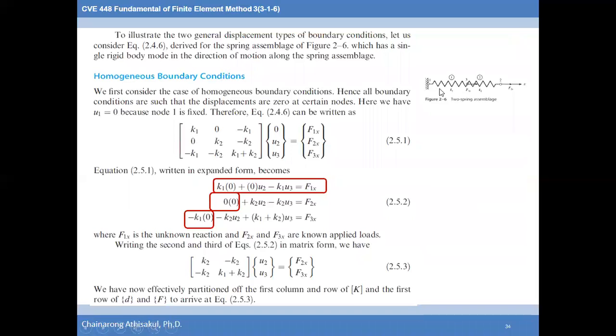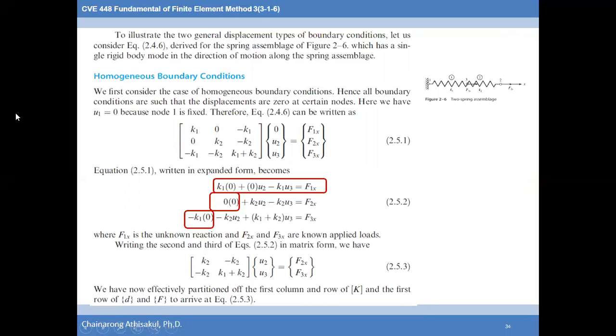We have this system of structure composed of two spring elements, element number 1 and element number 2, and we have the boundary condition at node number 1. Node number 1 is fixed, so the displacement at node number 1 is equal to 0.